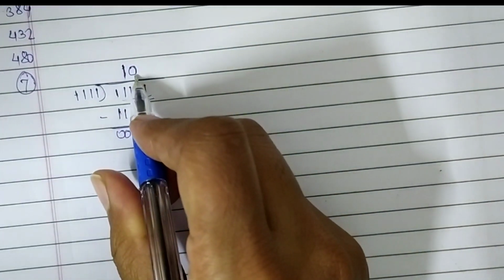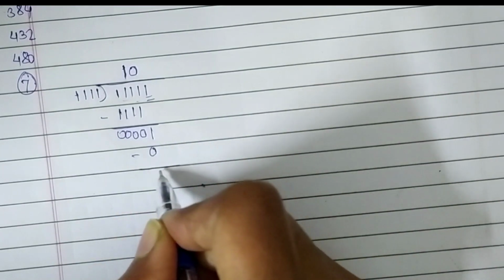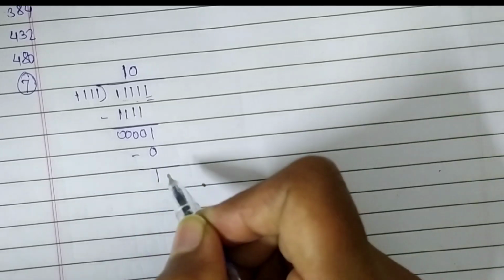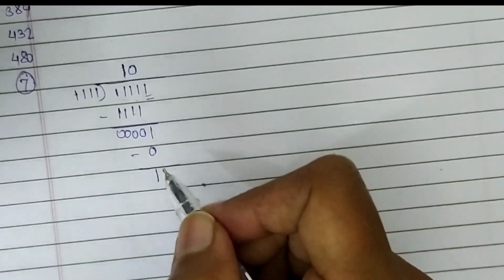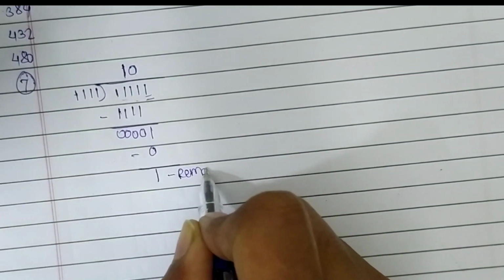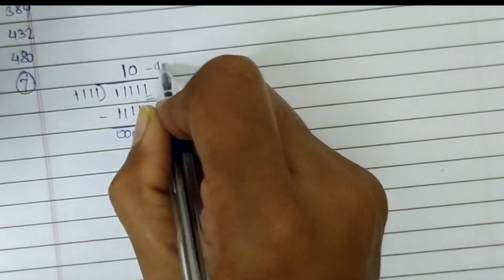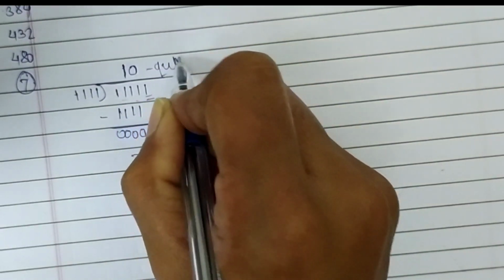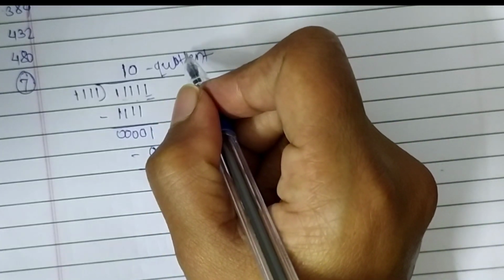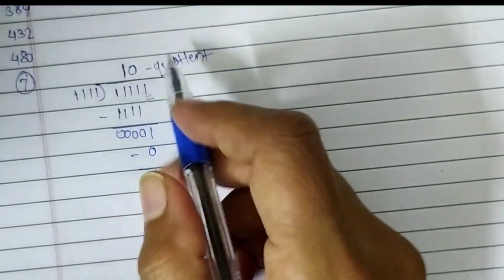Write 0 on the quotient side and on the downside subtract it from 1. Here the number we get is 1. So this is our remainder and this one is our quotient. They ask us what will be the quotient. So the quotient will be 10.